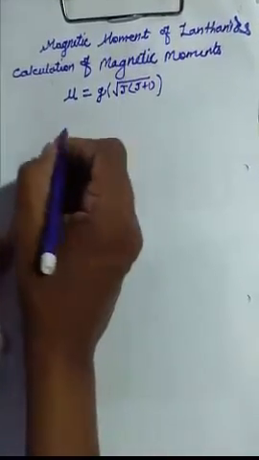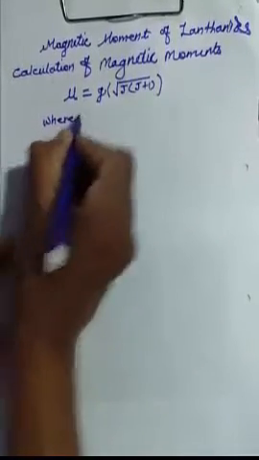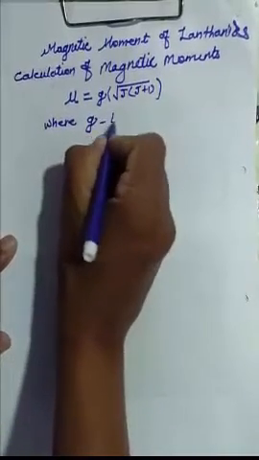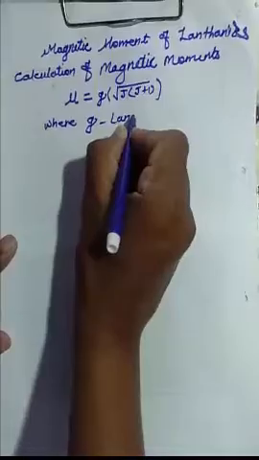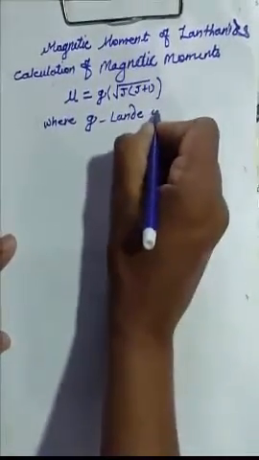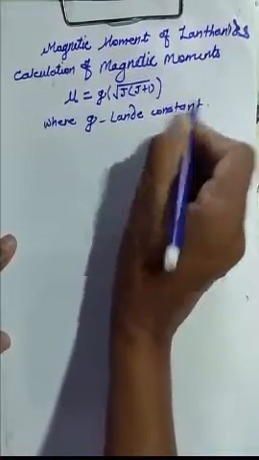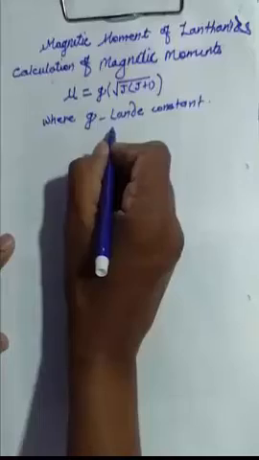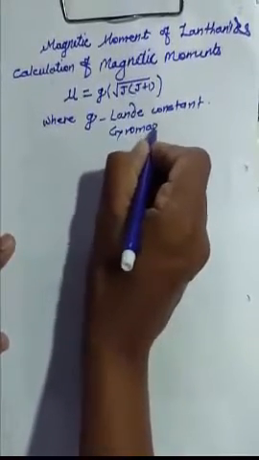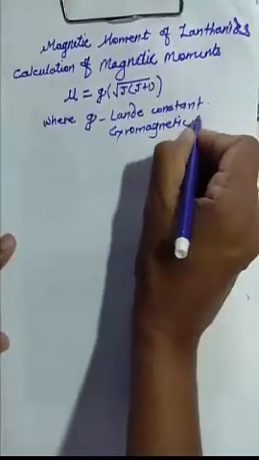So here, Z is the Lande constant, or we can say it is the gyromagnetic ratio.